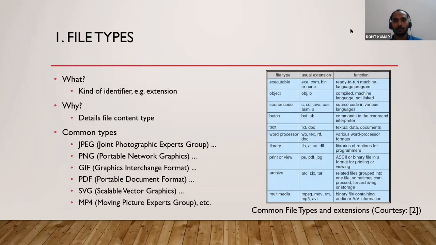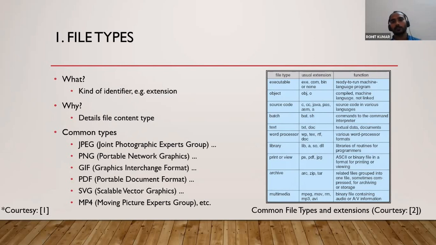Why? Because we know that this sort of extension points towards this type of data, and just by looking at a particular file that it's an MP4 file, we have a notion that it's a video file. If it's a video file, then it is supposed to give us some sort of multimedia content. So in this way, we can define the files, and later on we can easily classify all those sorts of data.